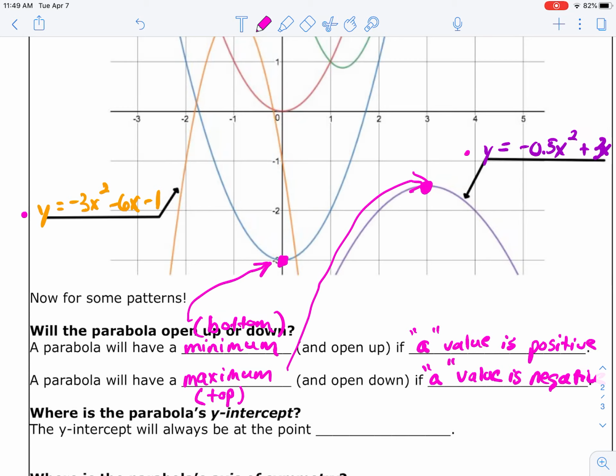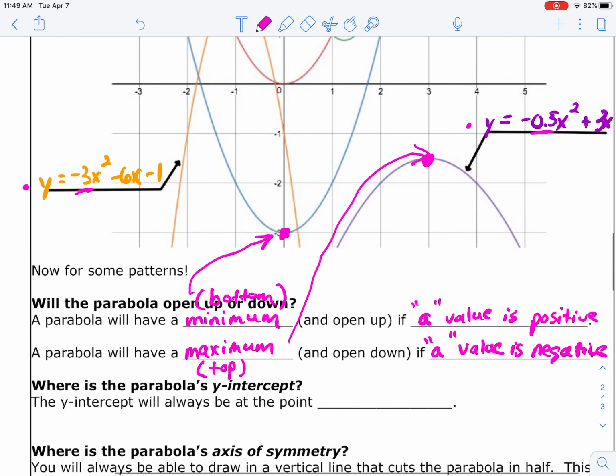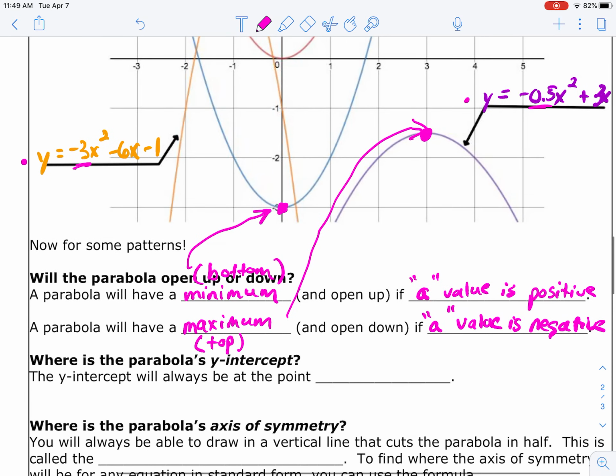So that has to do with the first number in the standard form. If the A value is negative, then it's going to flip upside down. If the A value is positive, then it's going to be right side up. And you kind of have to keep track of where you might have a minimum and where you would have a maximum.